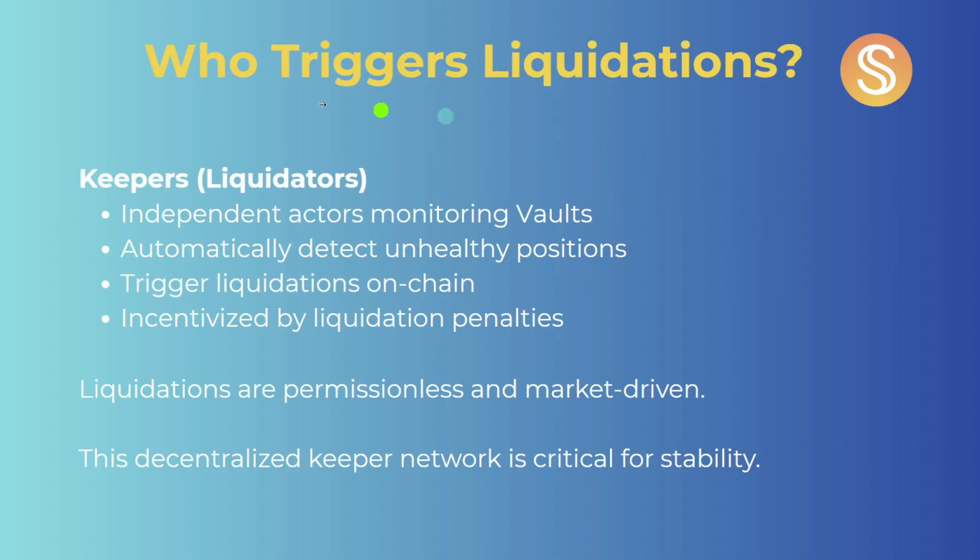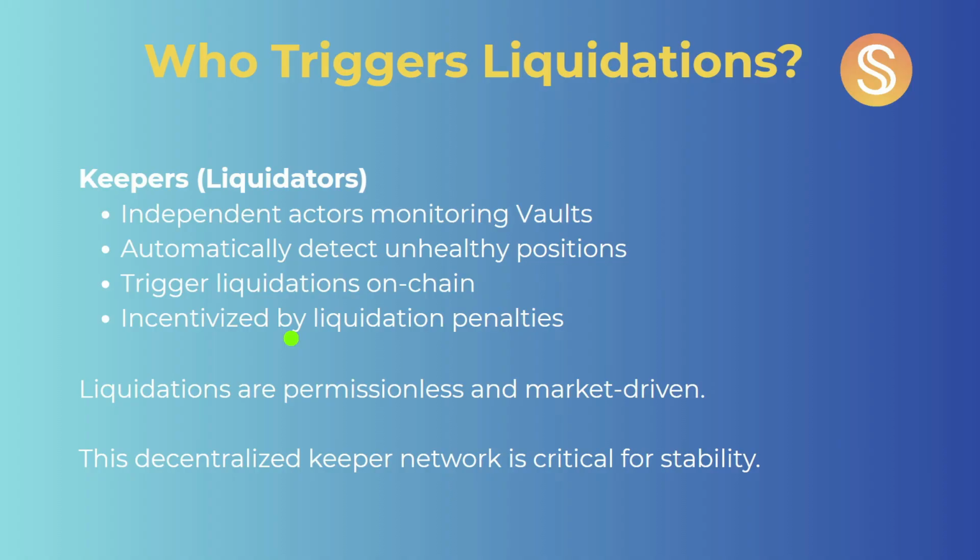Who triggers the liquidations? The keepers or liquidators. They are independent actors that monitor the vaults, automatically detect unhealthy positions, trigger liquidations on chain, and they are incentivized by liquidation penalties. Because of course they get a part of the collateral plus a bonus.